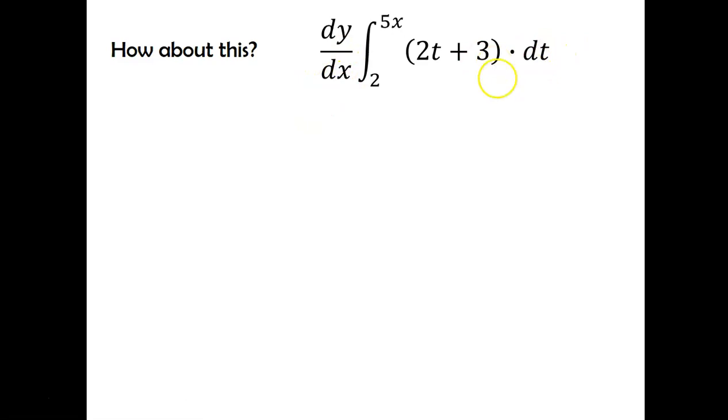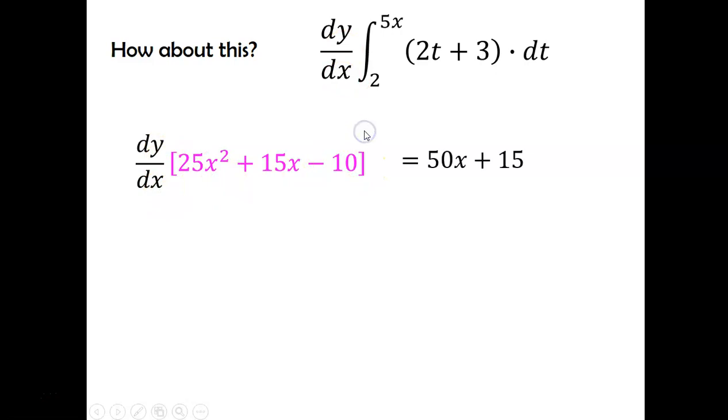They undo one another. This is the magic of this. So if I want to do the derivative of this integral, I can start with the fact that I already evaluated this integral, right? I know what this integral is. It's 25x squared plus 15x minus 10. So if I take the derivative of that, I get 50x plus 15. We've been able to do that since like the first week of school.